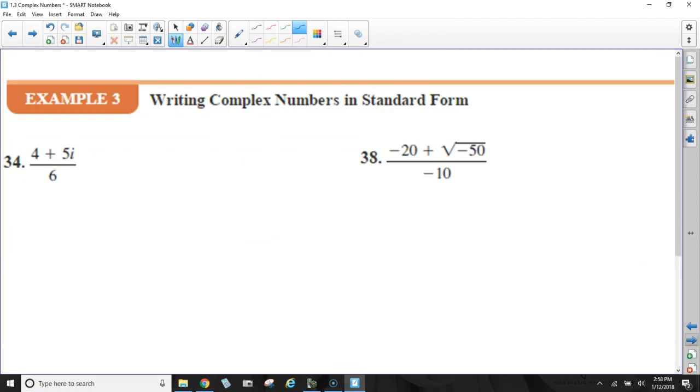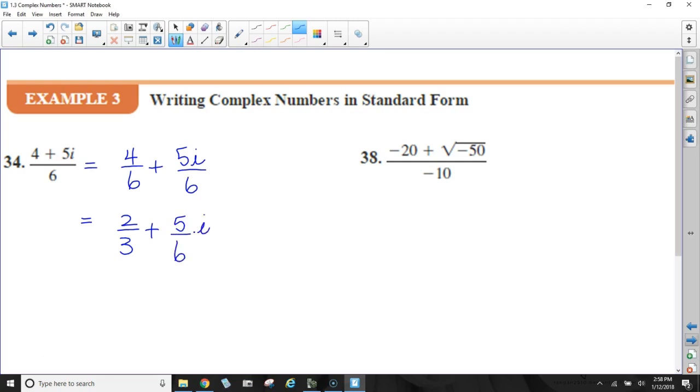So writing some numbers in standard form, the first thing we're going to do here on number 34 is split the fraction. This is equivalent to 4 over 6 plus 5i over 6. Now 4/6 will reduce to 2/3 plus 5 times i over 6, which is the same thing as 5/6 times i.